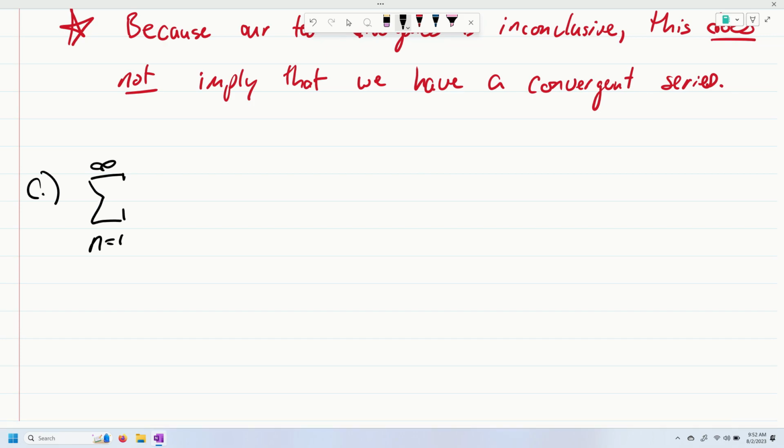Let's do n equals 1 to infinity of e to the 1 over n squared. All right, so with this, once again, we're going to take the limit as n goes to infinity of e to the 1 over n squared. Now, when we substitute the infinity up there, we get 1 divided by infinity.